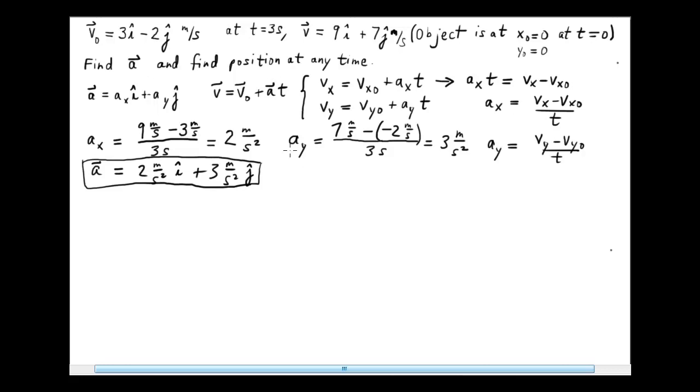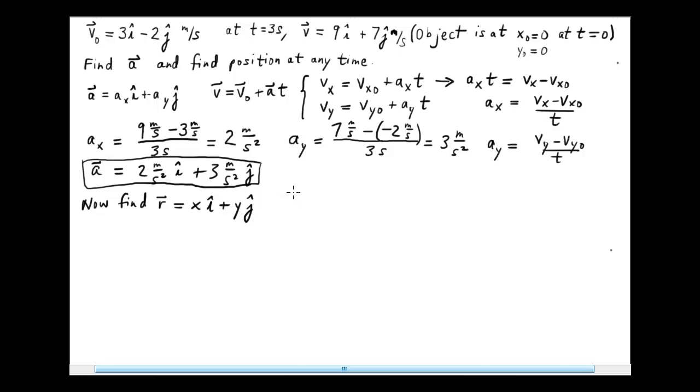Now to find the position at any time, we want to find the vector r. R is our position vector, and it would be x i hat plus y j hat. So can we find an expression for x and for y from the given information?